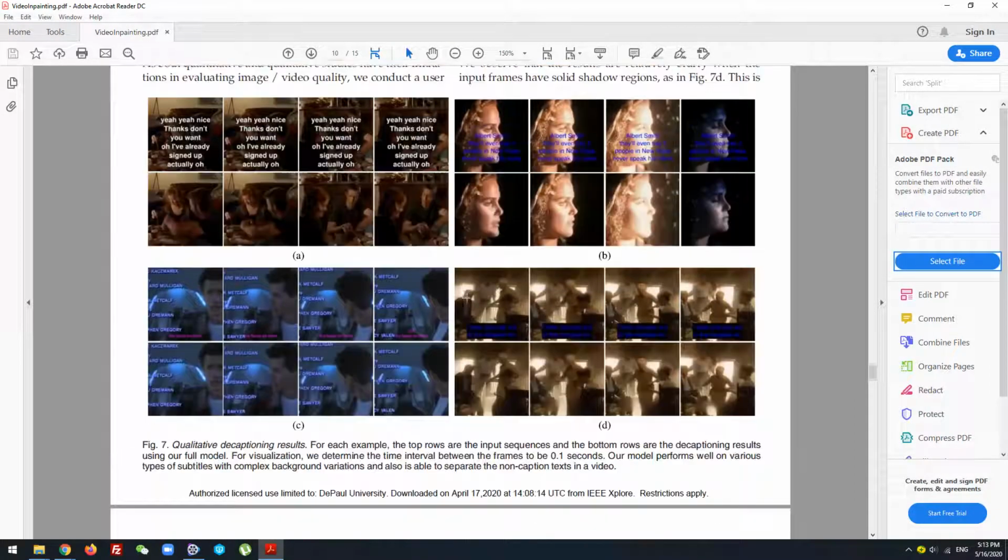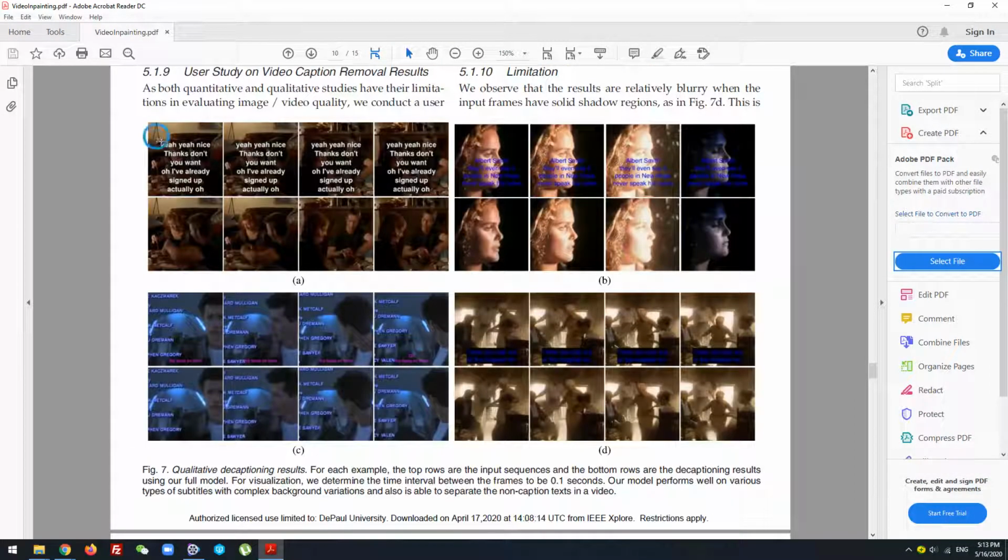In this part, the author first used some transparent captions, and finally he tested with a caption with a black box.